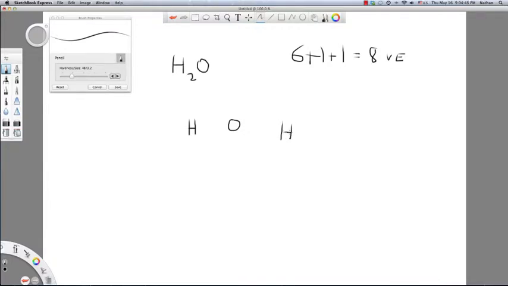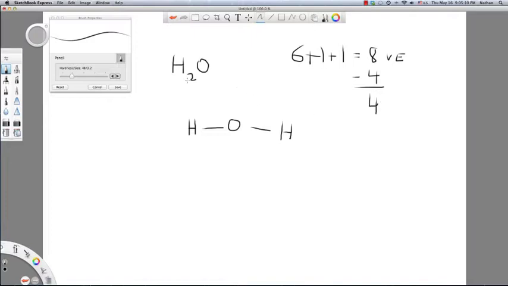You're going to link these with single bonds represented by lines. So there's our original skeleton. Oxygen, 2 hydrogens, linked with single bonds represented by lines. So each bond represents a pair of electrons. This is 2 electrons. This is 2 electrons, which means we've used 4 electrons, which means we have 4 left to use.